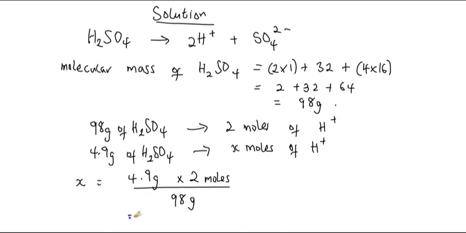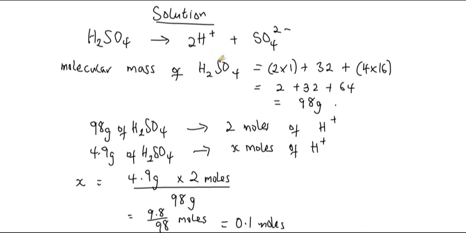So here we have 9.8 divided by 98 and the unit moles, which gives us 0.1. If 98 grams of H2SO4 gives 2 moles of hydrogen ions, definitely 4.9 grams of H2SO4 will give us 0.1 moles of hydrogen ions.